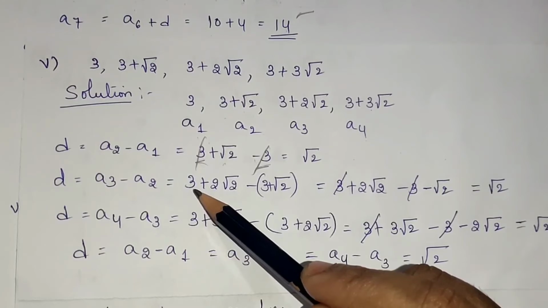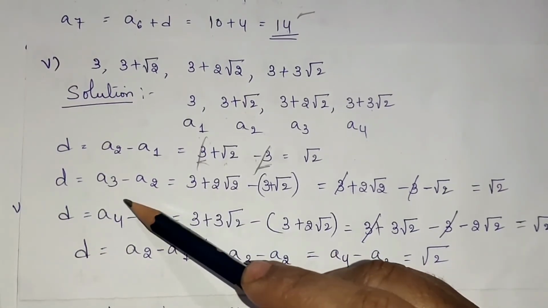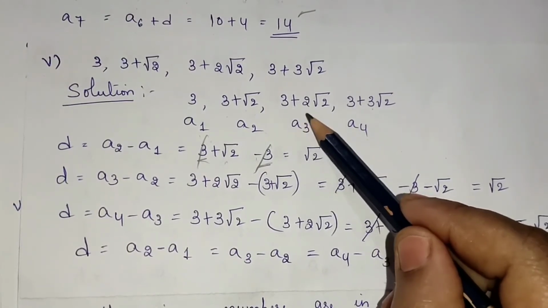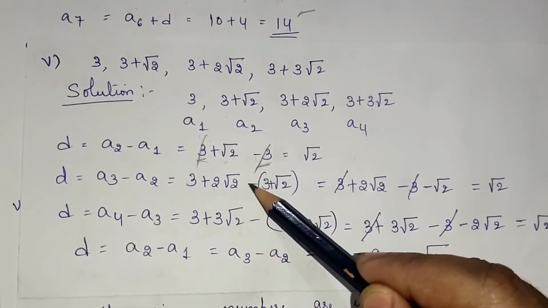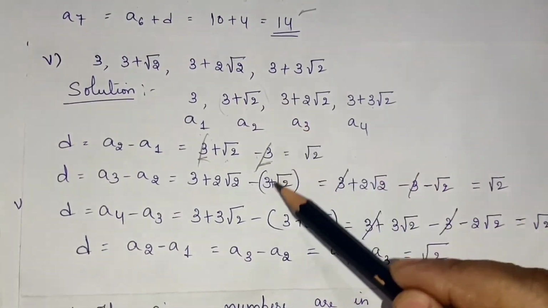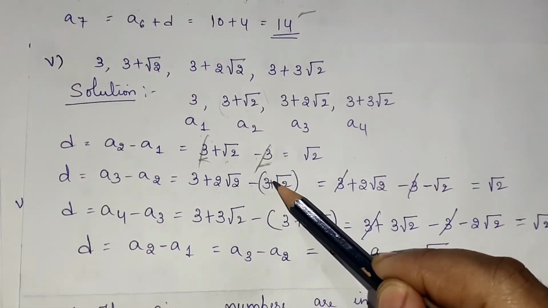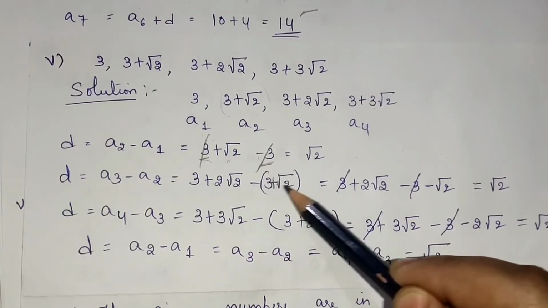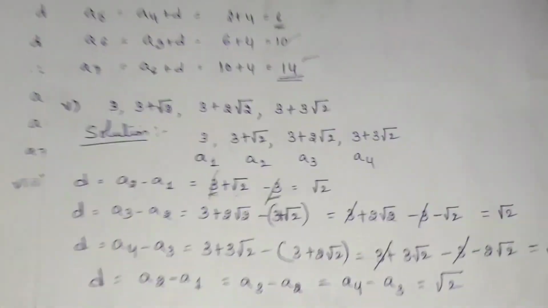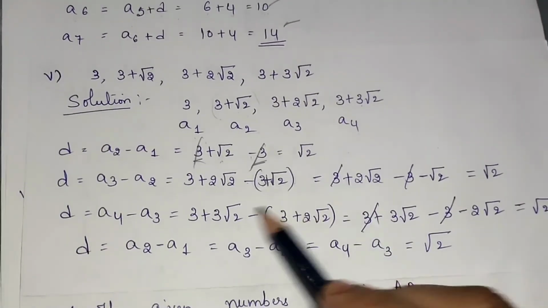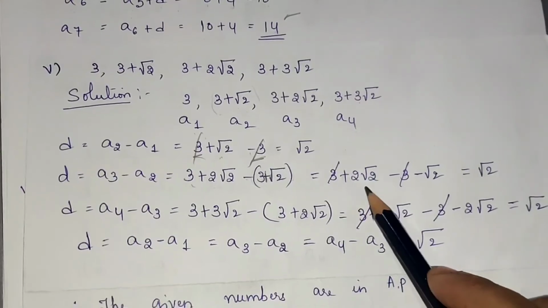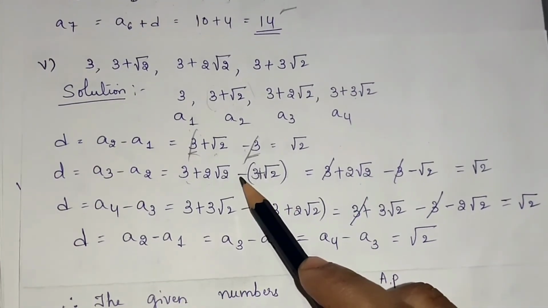Now find one more common difference by taking the third term minus the second term. The third term is 3 plus 2 root 2 minus the second term, that is 3 plus root 2. Since there are two terms, you have to write it in a bracket. Now write the first term as it is, that is 3 plus 2 root 2 as it is. Remove the bracket.